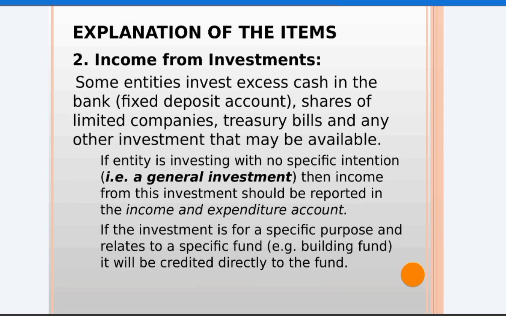Now, the next item is to look at income from investments. Sometimes these organizations may receive income from investments. So they may have investments that they have made. For instance, they could have invested in shares, fixed deposit accounts, treasury bills, or even any other investment.